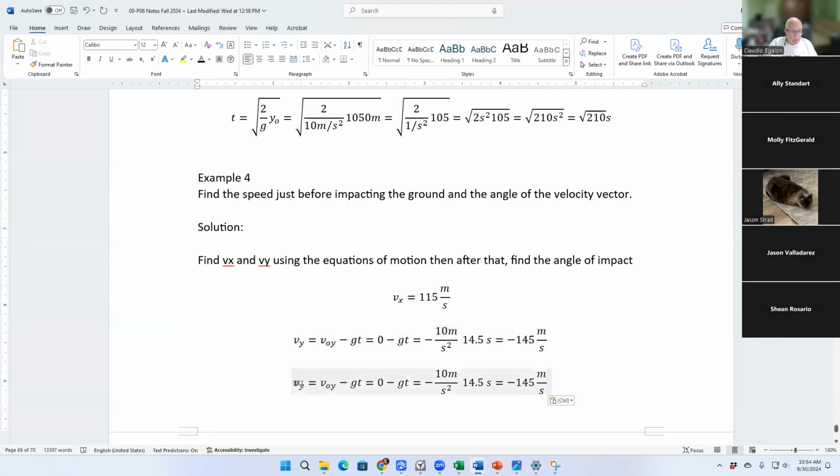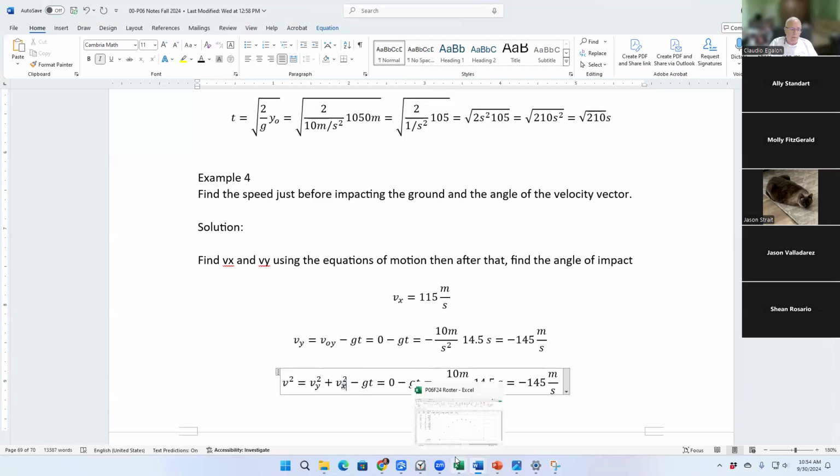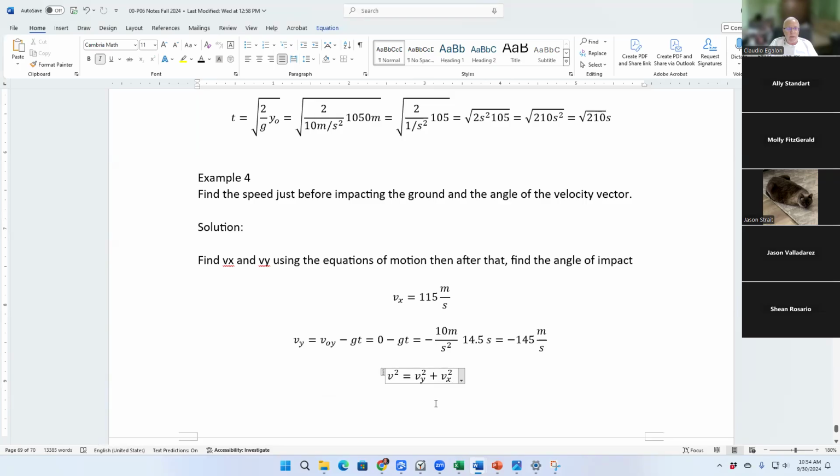V square equals Vy square plus Vx square, right? And then you take the square root of that.